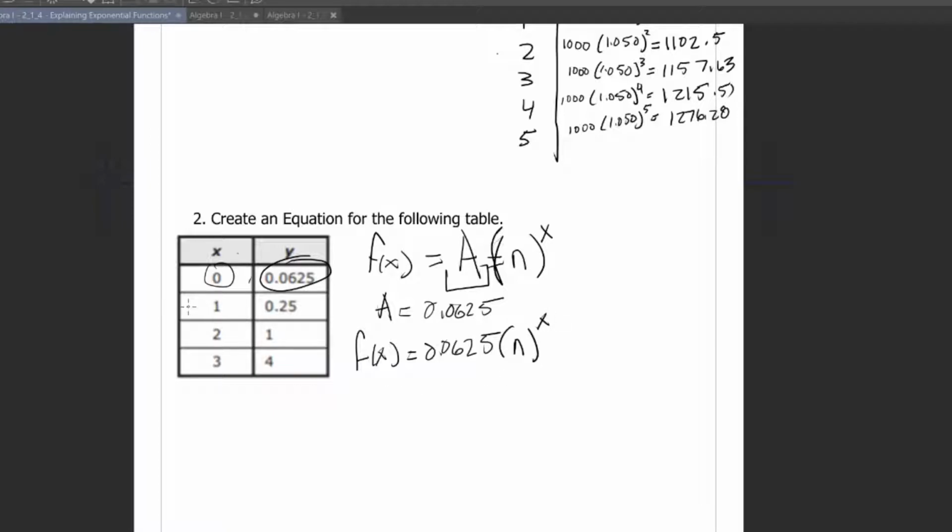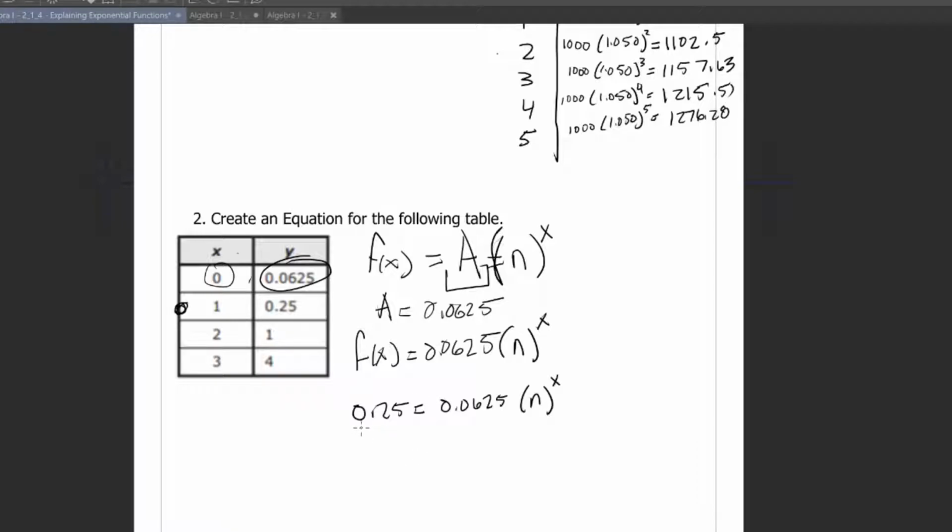Okay, so let's use this next one. Let's plug this in. So this value, 0.25, equals 0.0625 times n to the x. Okay? How do we solve for n? First, let's isolate n.